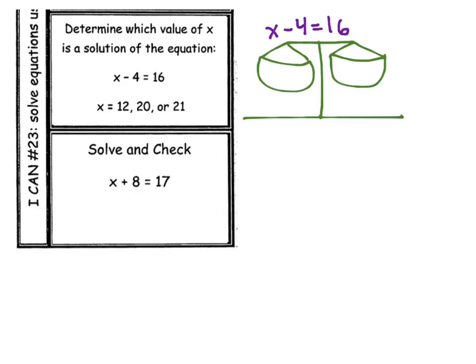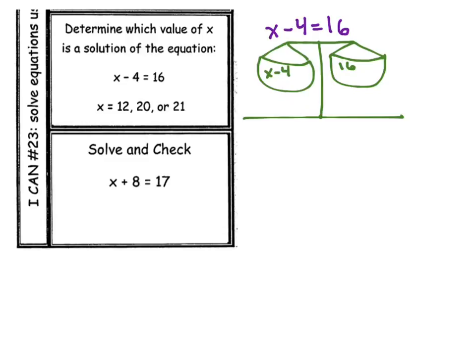I forgot I wanted to talk about this. When you're looking at equations, you want to think about it like a scale, and we want to keep it balanced. That's what the equal sign means, right? It means that whatever is going on over here is equal to whatever is going on over here. So if we had a scale, it would be balanced. Right now we know that x minus 4 equals 16. And as I just led you to consider, the inverse of subtracting 4 is to add 4, right?